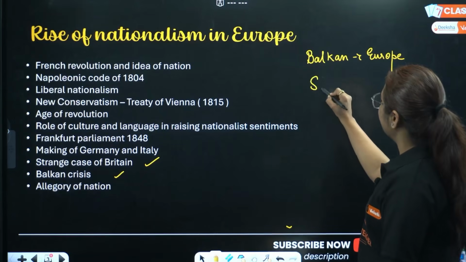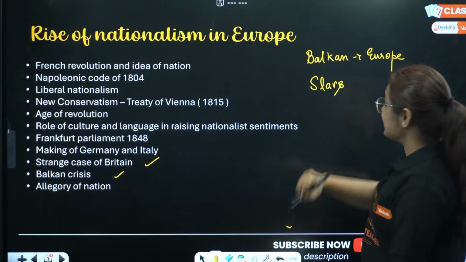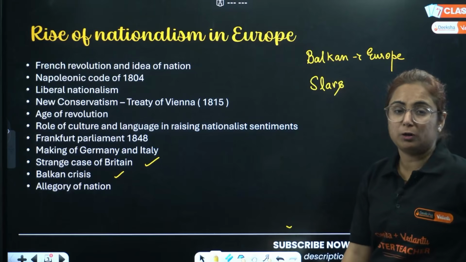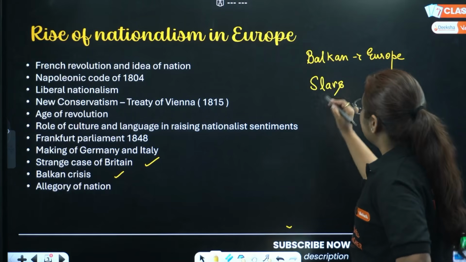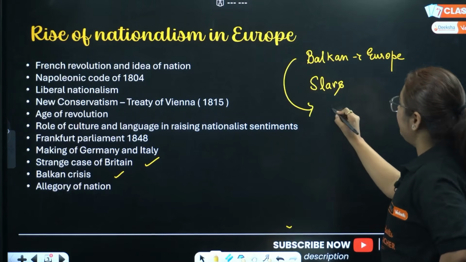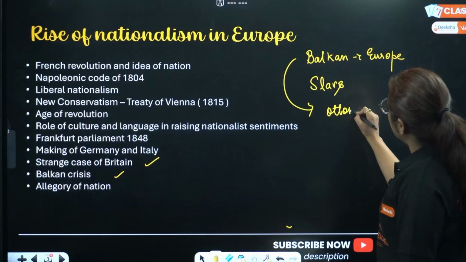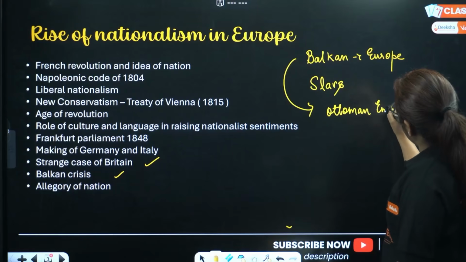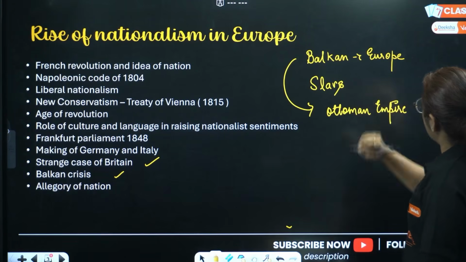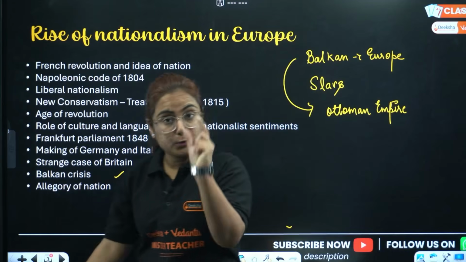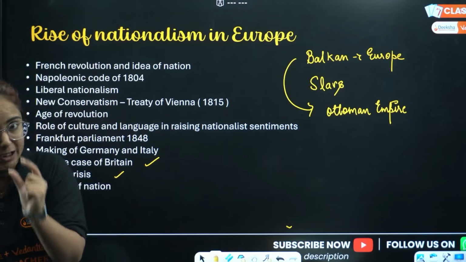The people who live here are referred to as Slavs. They are referred to as what, my dear students? Slavs. Now what happened? The Balkan region for a very long time was ruled by the Ottoman Empire, and the Ottoman Empire is an absolute institution.